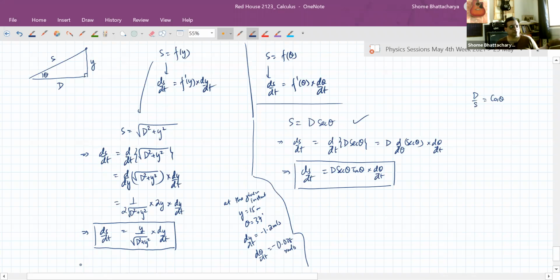So you can use all this information. So this is 15 by 25.